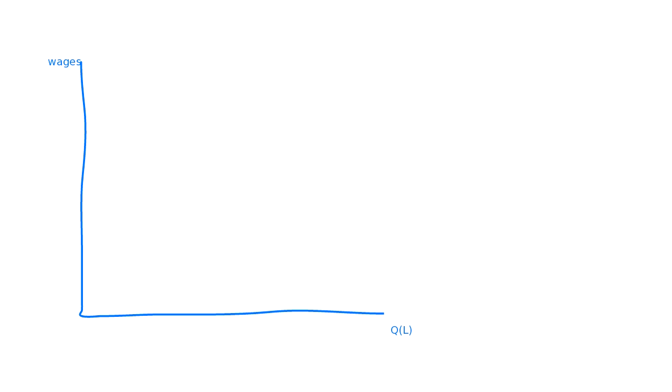All right, so we're going to see what it looks like on a graph. This is your own personal supply of labor. We have our wages on this axis, and right here, this is your quantity of labor. So your supply curve.